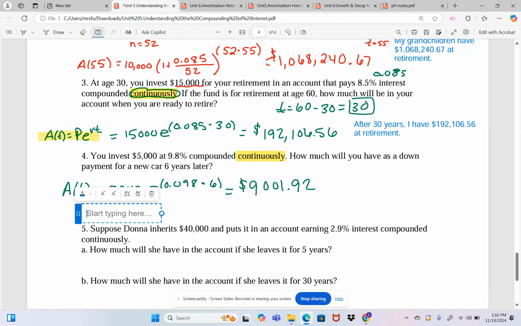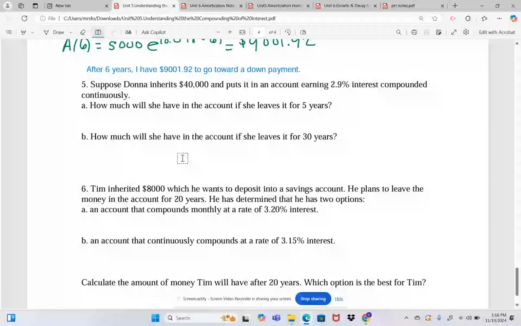So after 6 years, I have $9,001.92 to go toward a down payment. Okay, so you can do 5 and 6. If you have questions about it, you can email me or ask me Thursday.